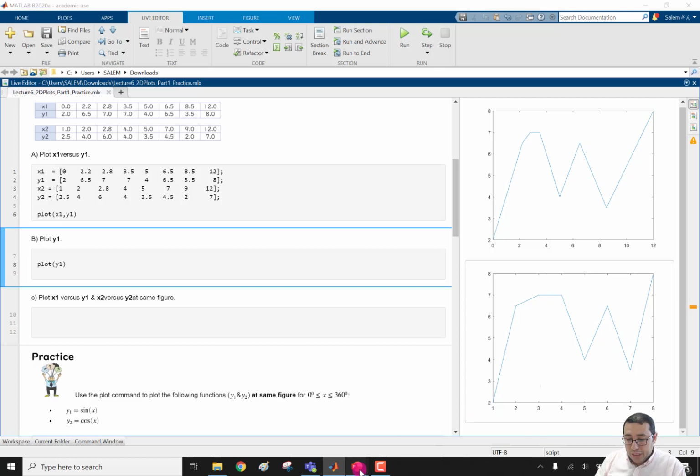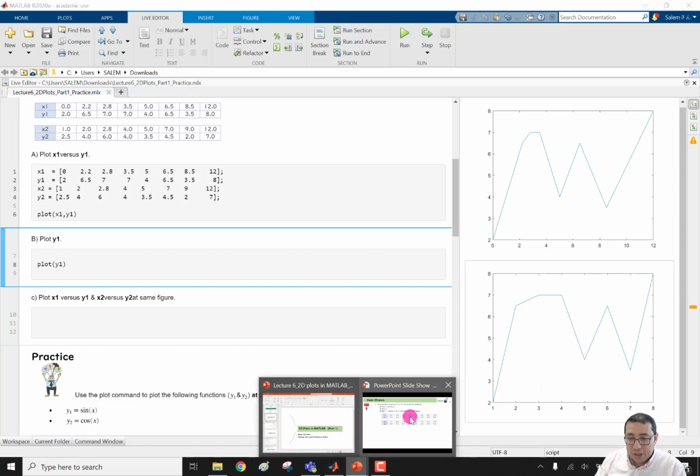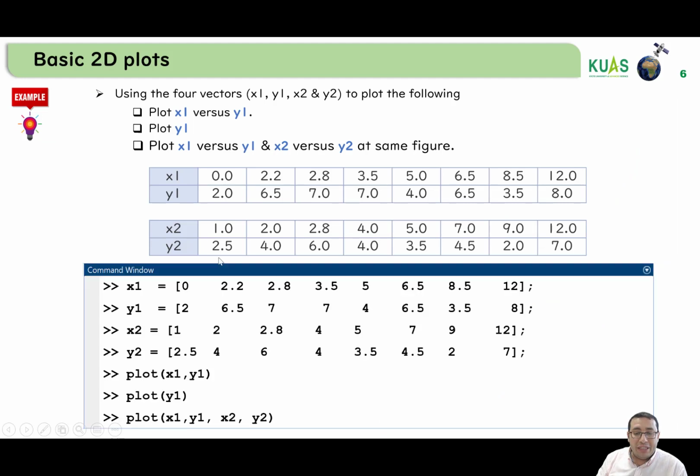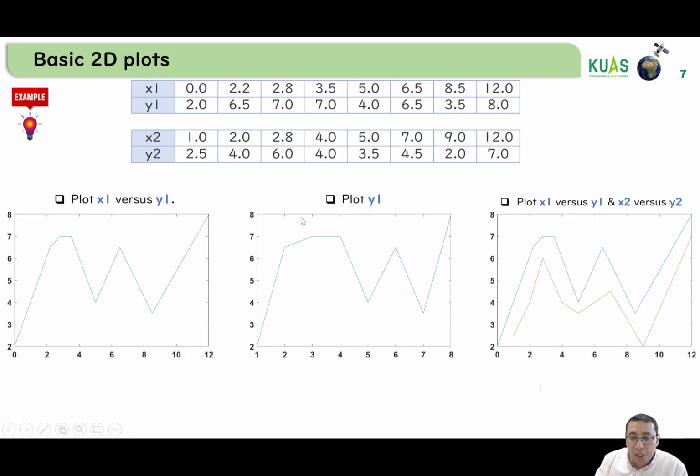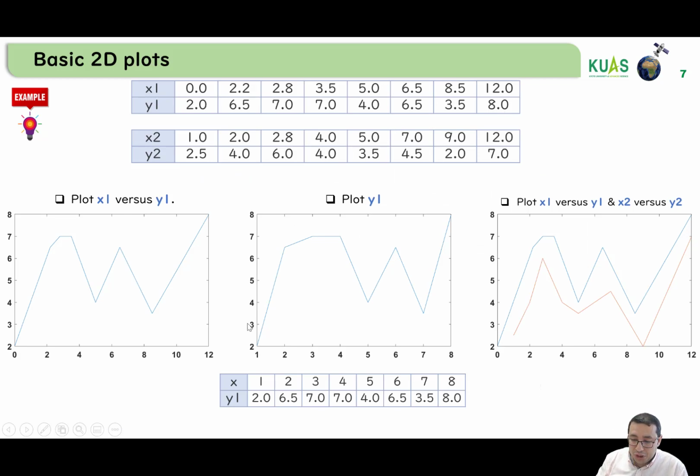Okay, let me go to the PowerPoint and show that to you. For example, this is the code. And if we go here, for the second plot, we extracted y2, which is here, and the x value ranges from 1 to the length, which is 8. So 1, 2, 3, 4, 5, 6, 7, 8.